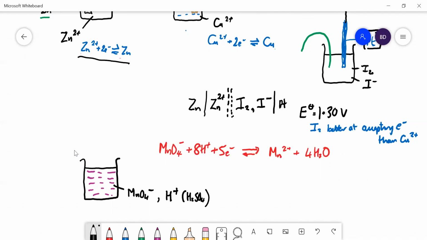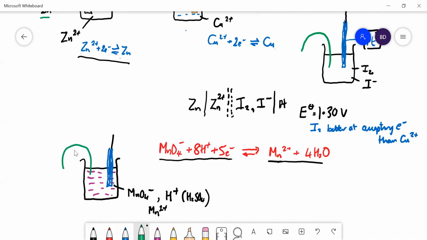And then we'd need the reduced form, which is Mn2 plus. We need some Mn2 plus ions in there to set up this whole equilibrium. We need to set a whole reaction there. And then there's no metal there to conduct, so we need a piece of platinum in there as well. Okay, and then we'd have our salt bridge there connecting up to the zinc.